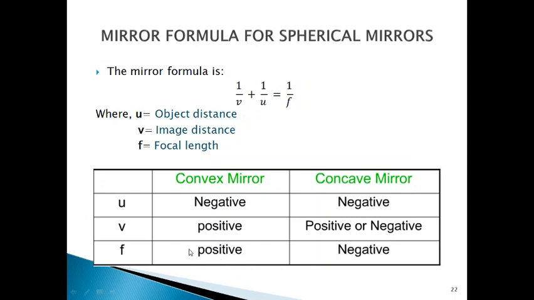Okay. And focal length of the convex mirror is positive and focal length of the concave mirror is negative. Okay, please remember this. This will help you in solving the problems.